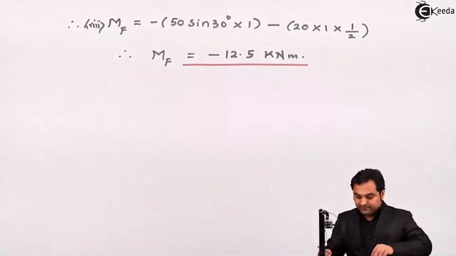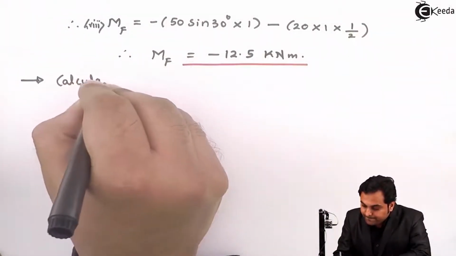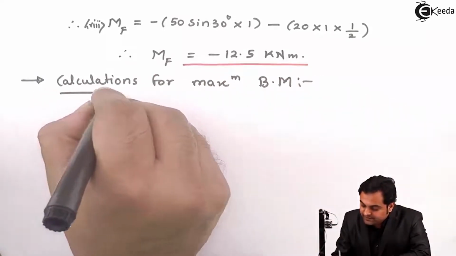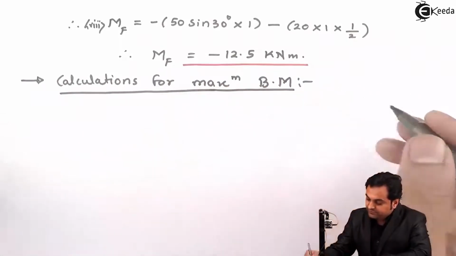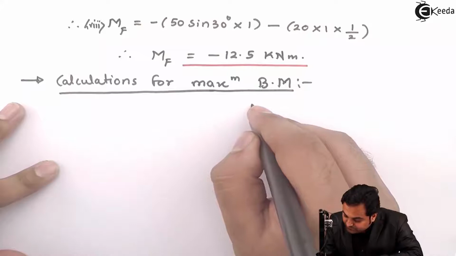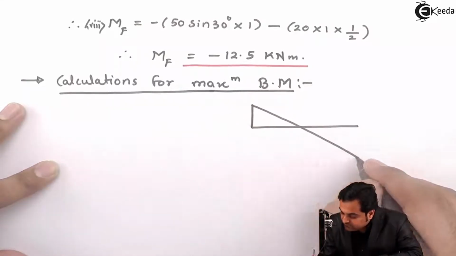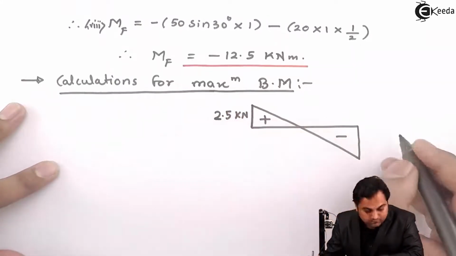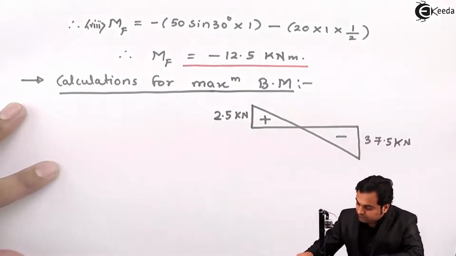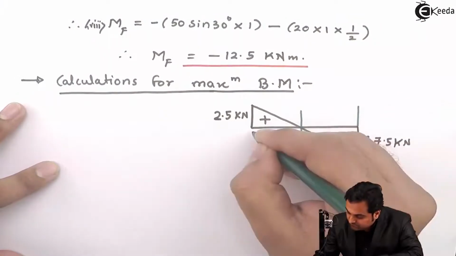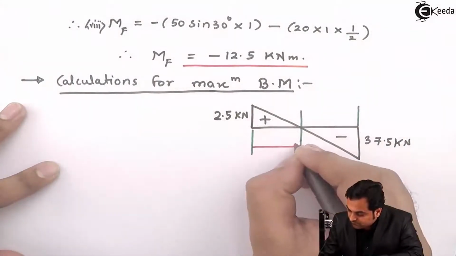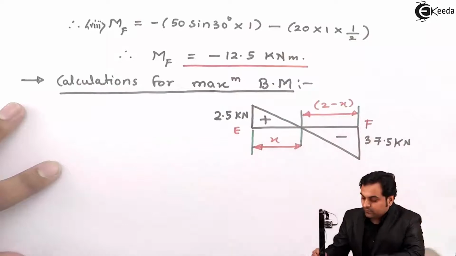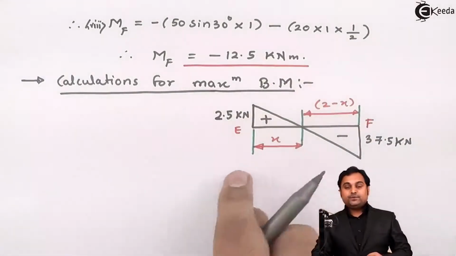So next I'll mention the calculations for maximum BM, that is maximum bending moment, and for that I'll draw the triangles. So we will be calculating the distance x with respect to point E.